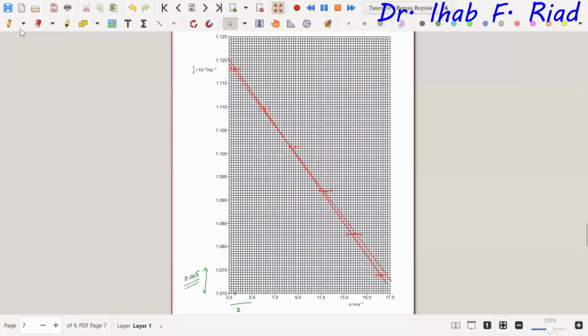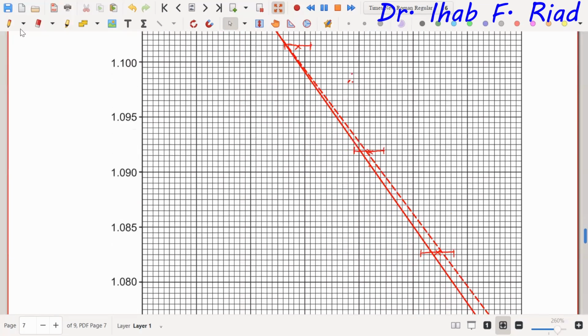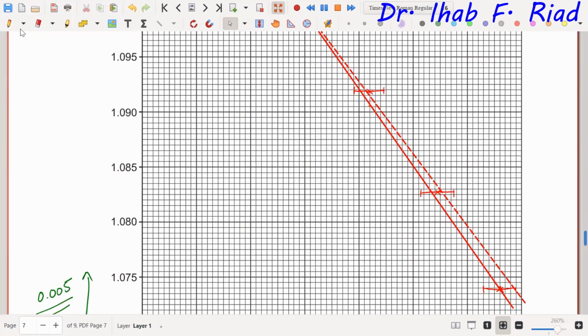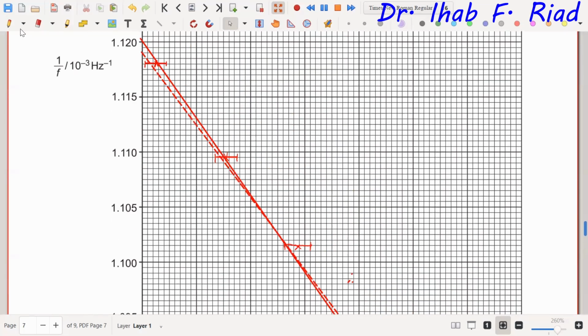So maybe something like this. In the worst fit line, we want it to pass through most of the uncertainty lines. Yes, we try to make it go through.